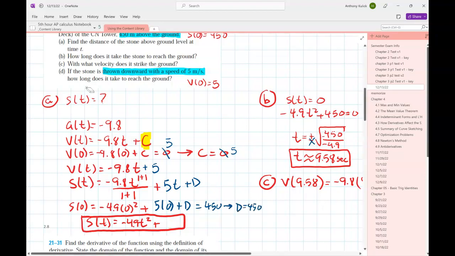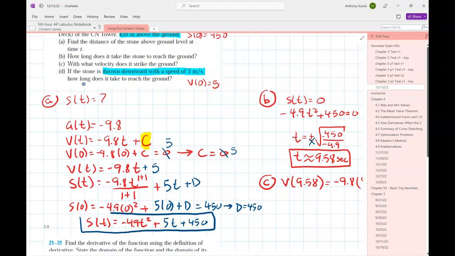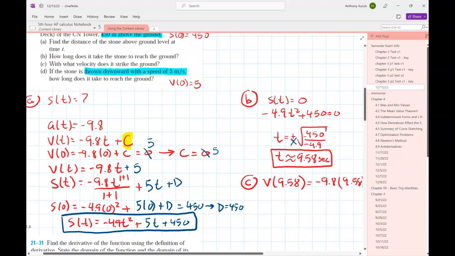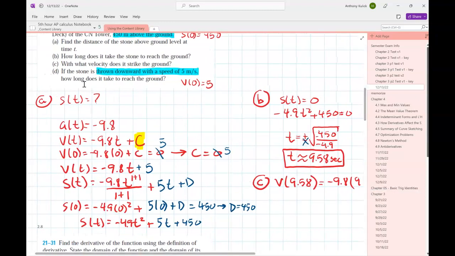No great shock there. So 5t plus 450. And then from there, we again set s of t equal to 0.